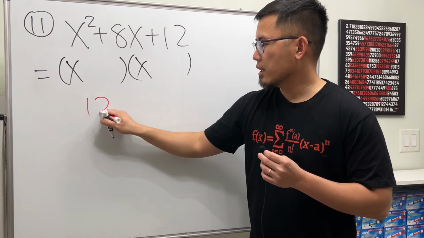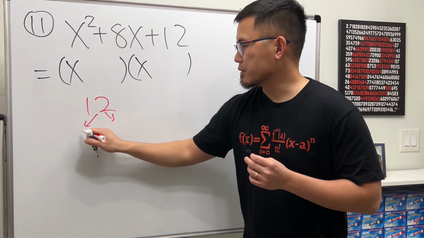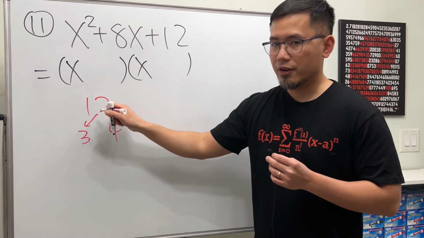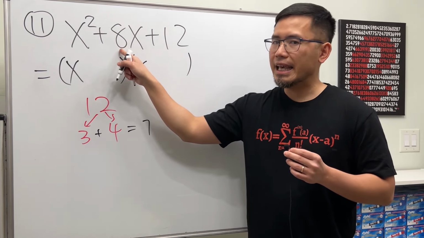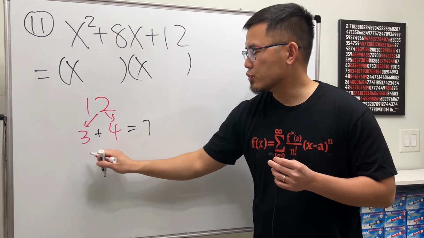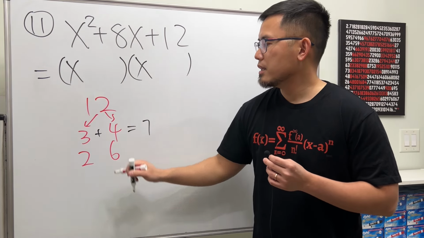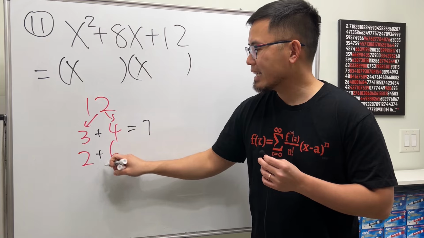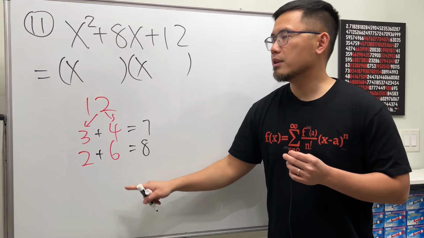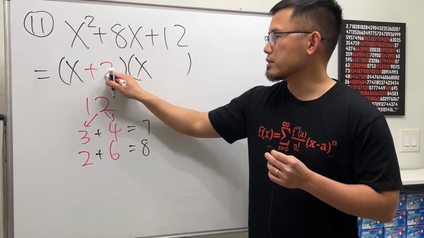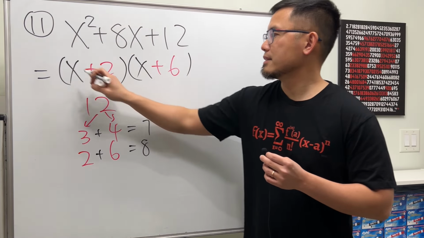So let's try. If we do 3 times 4, that is 12. But when we add them, that is 7. That's not 8. But if we try 2 and 6, 2 times 6 is 12, and when we add them, we do end up with 8. Both of them being positive, so here we need plus 2 and then plus 6.